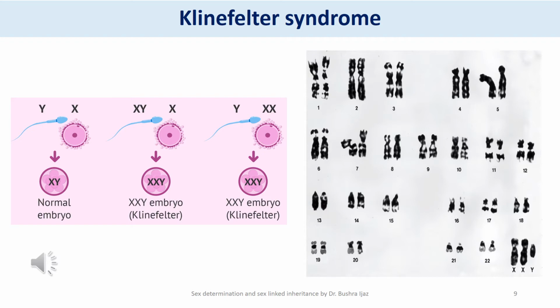The cells of most males having this condition are XXY, but the cells of a few Klinefelter males are XXXY, or they may even have 4 X chromosomes and 1 Y chromosome, or they may also have 2 Y chromosomes. Men with this condition frequently have small testes and fail to produce facial or pubic hair. They are often taller than normal and sterile. Most of them have normal intelligence.